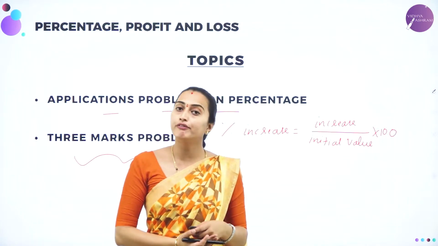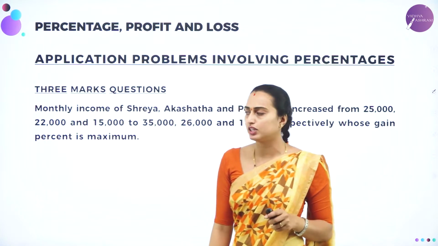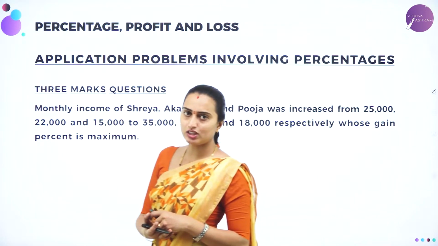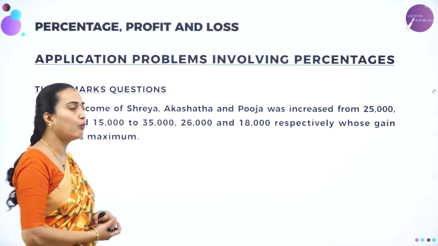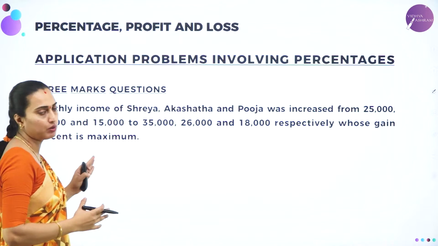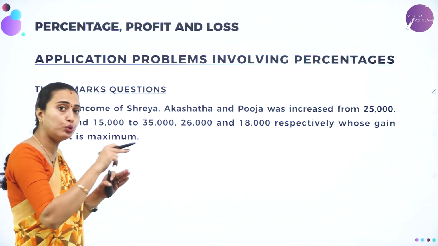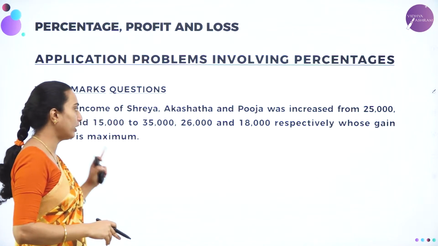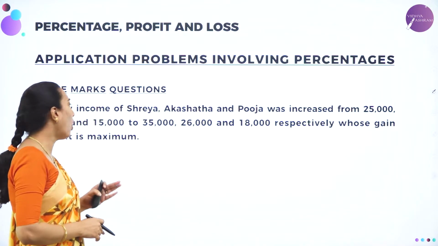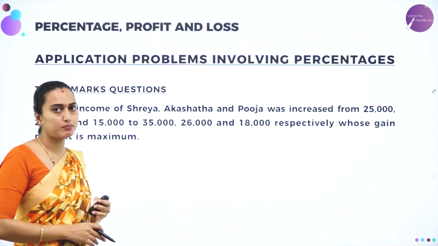We'll move on to the first problem of the 3 marker. Monthly income of Shreya, Akshata and Pooja was increased from 25,000, 22,000 and 15,000 to 35,000, 26,000 and 18,000 respectively. What was the gain percentage that is maximum?